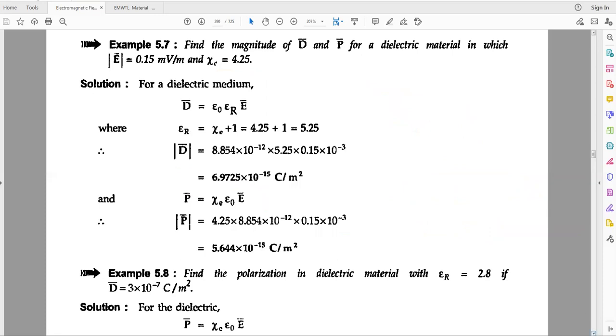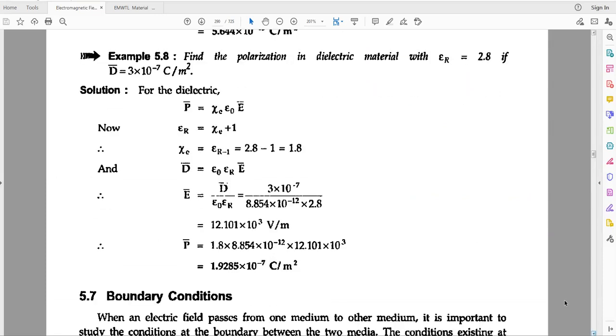The next example, find the polarization P in the dielectric material with epsilon r given as 2.8, if the D bar is given. So D is given and the epsilon r is given. What is the epsilon r related to the chi e value?